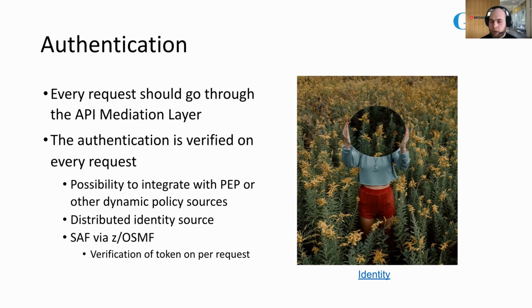We are now working on closing the possibility to integrate with distributed identity sources, such as Active Directory and Okta and others. And of course, right now, we are basically verifying in most of the setups, either directly with SAF or via Zowe SMF with SAF on a per request basis.